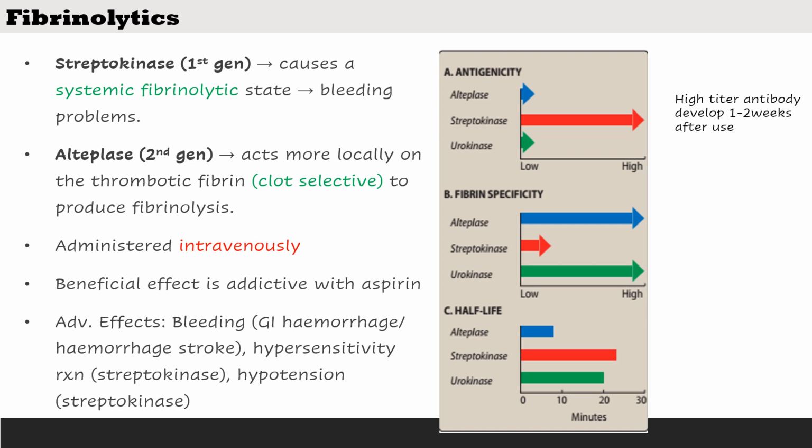High titer antibodies develop between 1 to 2 weeks after use, so streptokinase cannot be used too long. Alteplase is more fibrin specific, or clot specific, compared to streptokinase. Although it is more clot specific, its half-life is shorter than streptokinase.